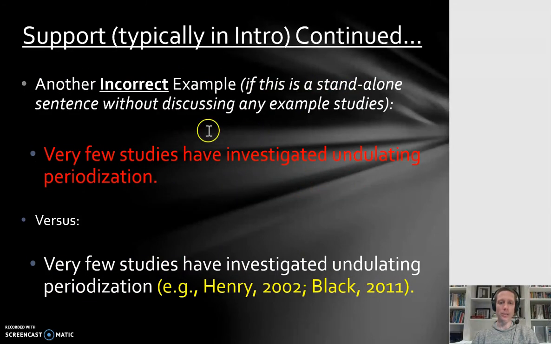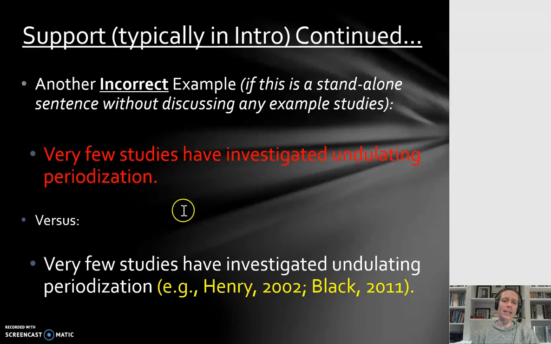Citation support continued. Another incorrect example: very few studies have investigated undulating periodization. You can use this sentence if you go on to discuss several different studies that have used that type of training.